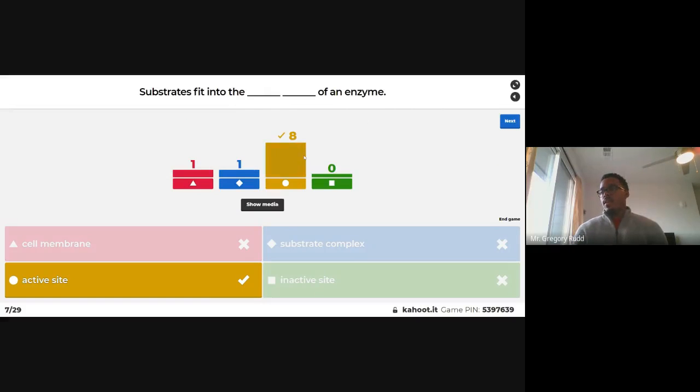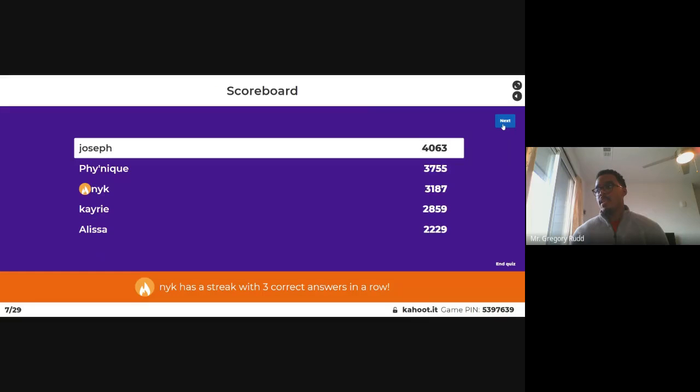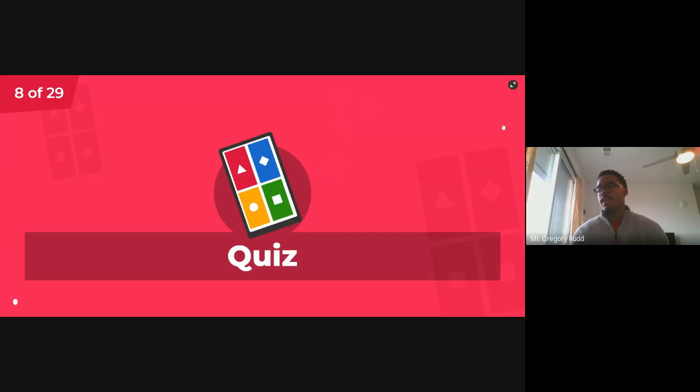Okay, excellent. Yeah, we did well on that one. The active site is where substrates fit. Good, that's where the action takes place. Good job, Nick. Keep going.